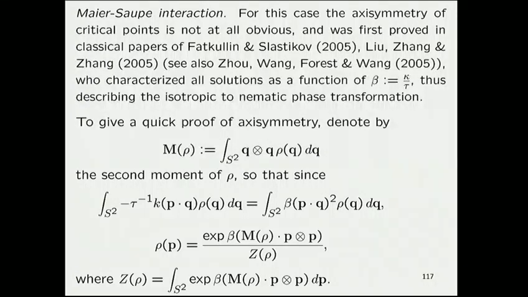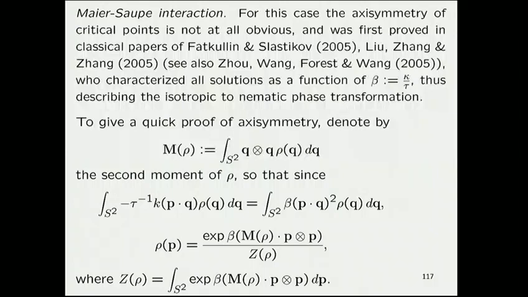Okay, so let m be the second moment. That's the usual thing, the integral of q tensor q times rho. And so now the integral over the sphere of minus tau inverse of k of p dot q is, this beta is kappa over tau, right?